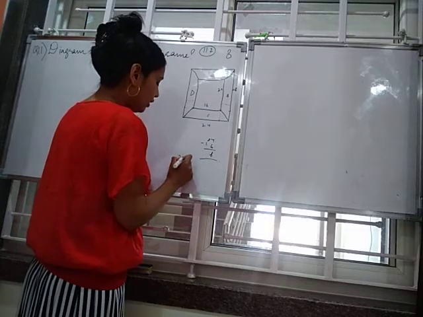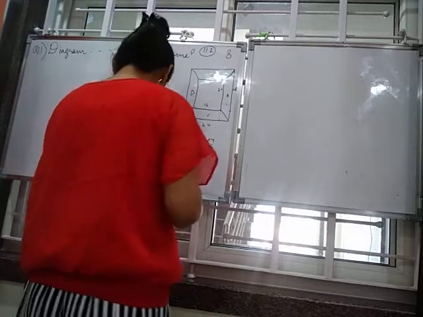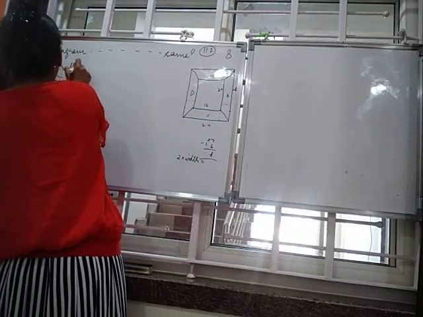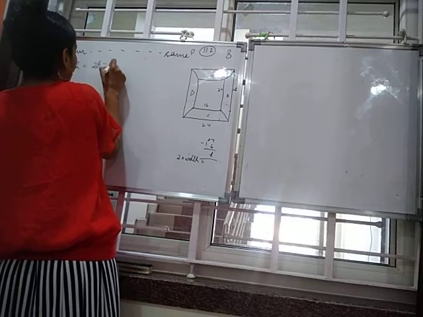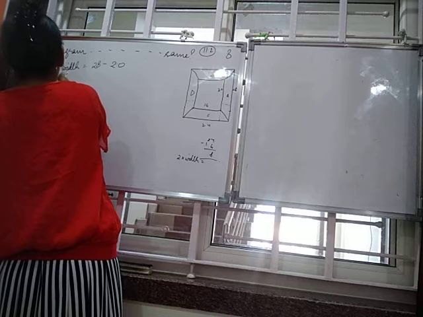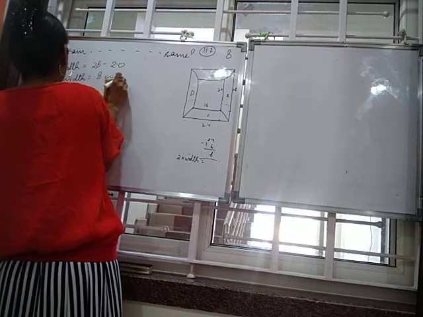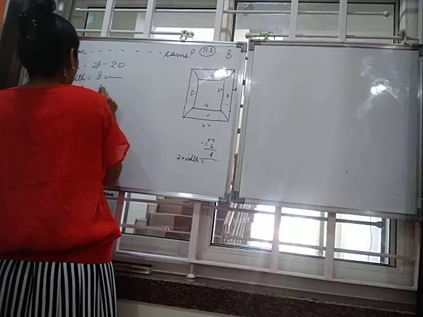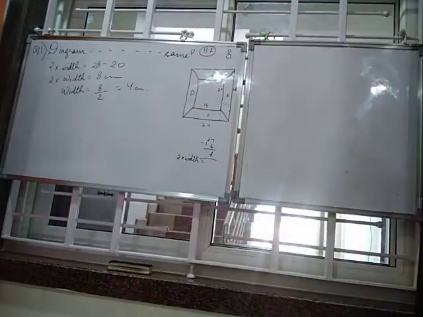So 2 times the width is equal to 28 minus 20. Again 2 times the width is equal to 8 centimeters. So the width is equal to 8 by 2, which is equal to 4 centimeters. So everywhere the width is 4 centimeter.